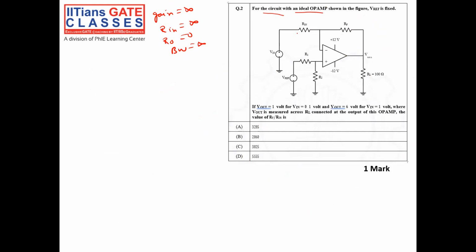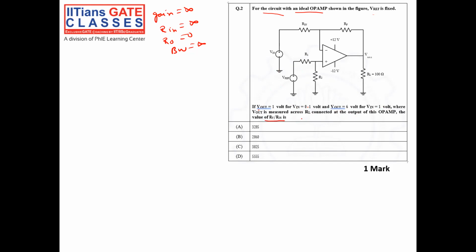What it is asking: Vref is fixed, and Vout is equal to 1 volt for Vin equal to 0.1 volt, and Vout is equal to 6 volt for Vin equal to 1 volt, and it is asking the value of Rf by Rin.